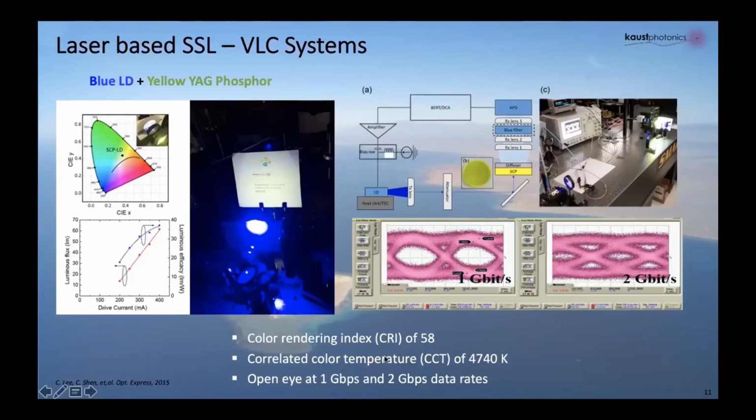The color rendering index of this class of device is not that great. We're talking about 58, compared to sunlight, whose color rendering index is 100. So there is still a lot of missing spectrum when we use this method to generate white light.